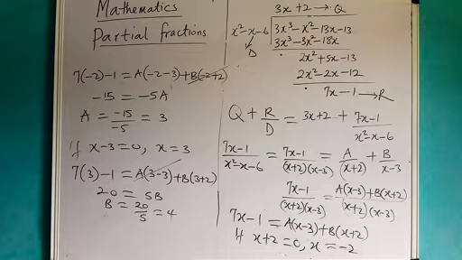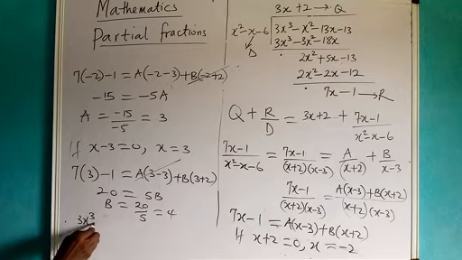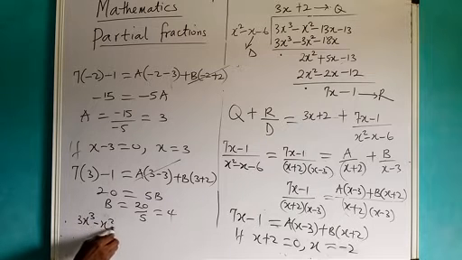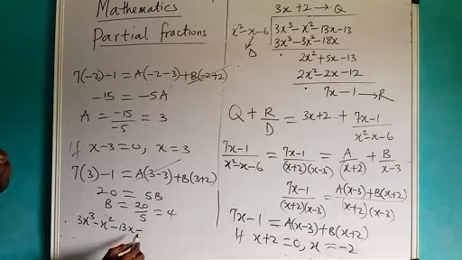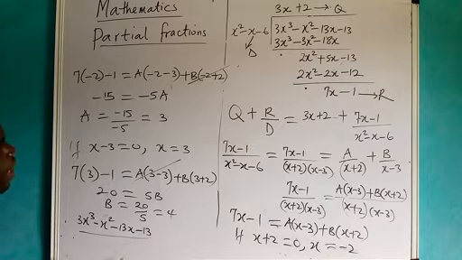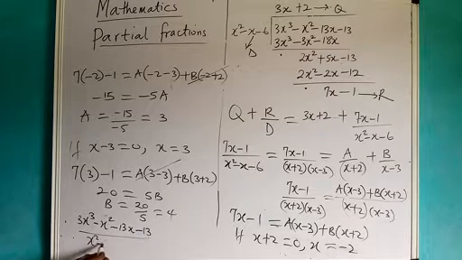Now therefore, I'll be able to obtain the value of B and A. Therefore, I can now represent my fraction. Originally, we have 3s squared minus s squared minus 13s minus 13, all over s squared minus s minus 6.